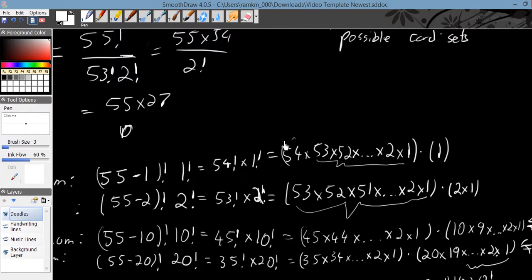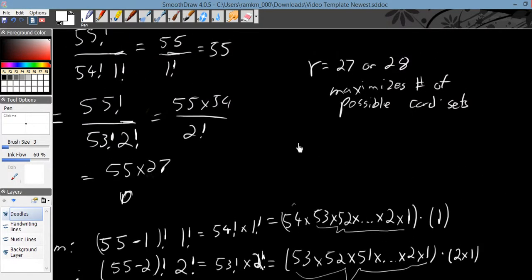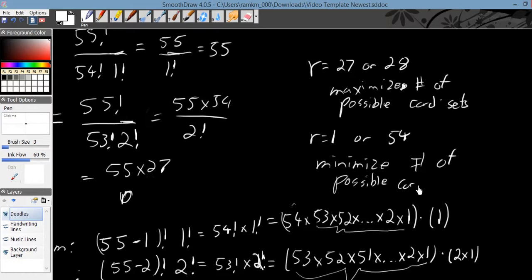After r equals 28 onwards, you'll have a repeat in the reverse order. So if you're asked to pick, let's say, r equals 1 or 54, that will minimize the number of possible card sets, and thus this will maximize your likelihood of winning.